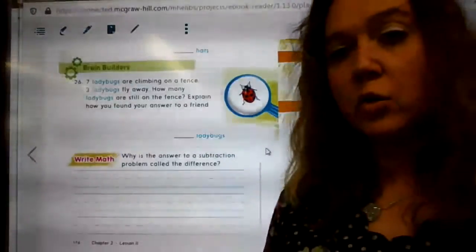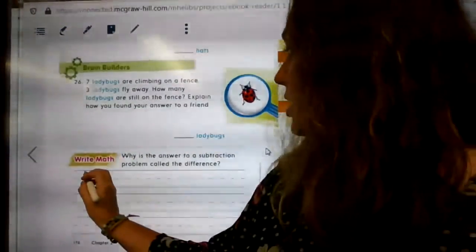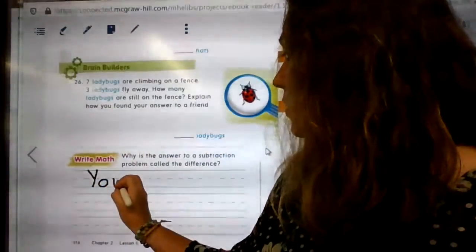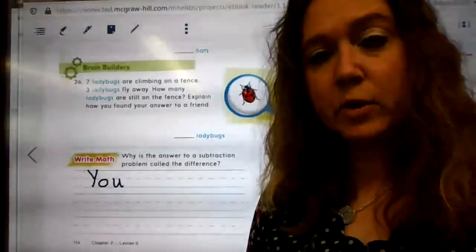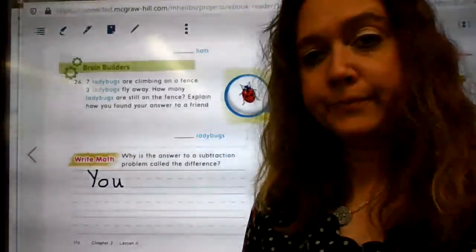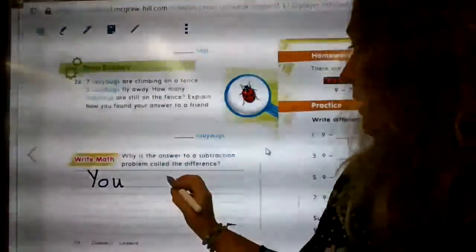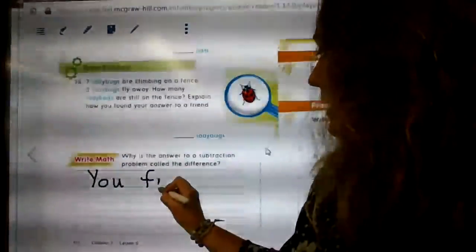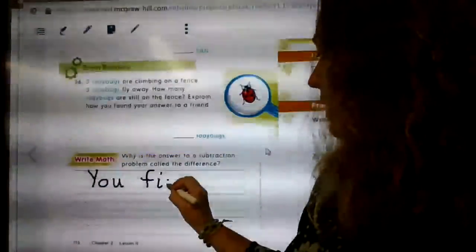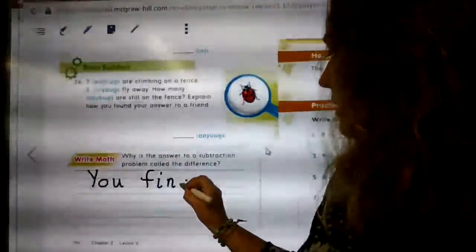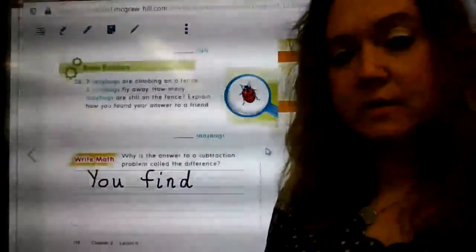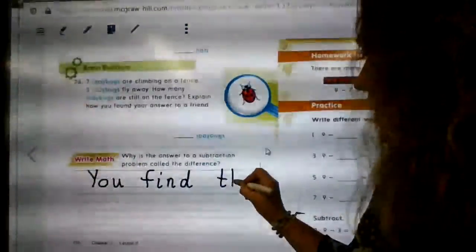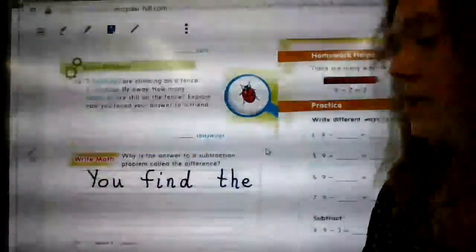So what we are going to write is: You, capital Y-O-U, find, F-I-N-D, the, T-H-E.